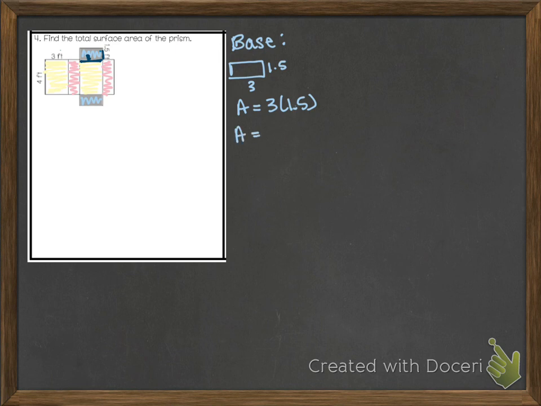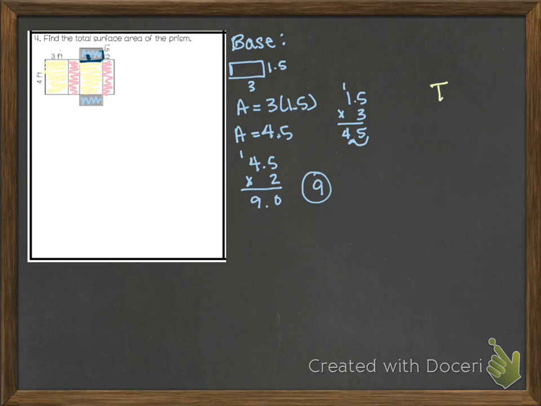Then area equals 4.5. Like I said, we're going to have to take 4.5 and multiply it by 2, and that equals 9. So 9 is what we're going to use for total. That's what we're going to add whenever we find total over here. When we find total, we're going to have to add 9 to the other numbers.